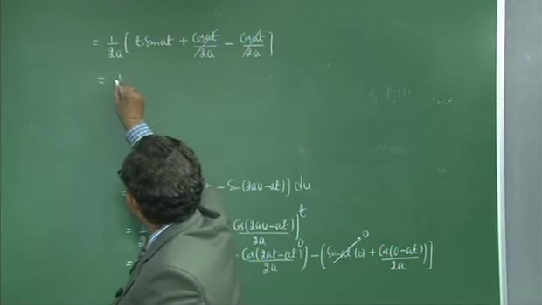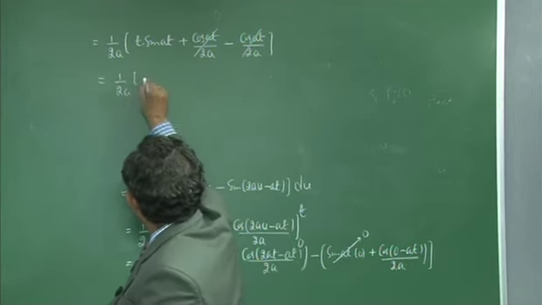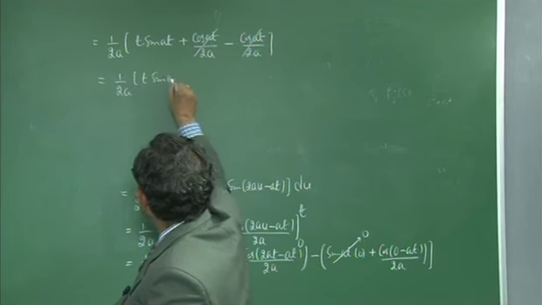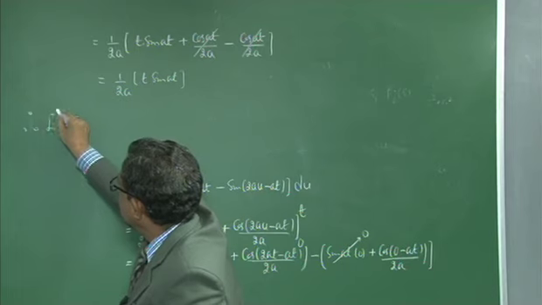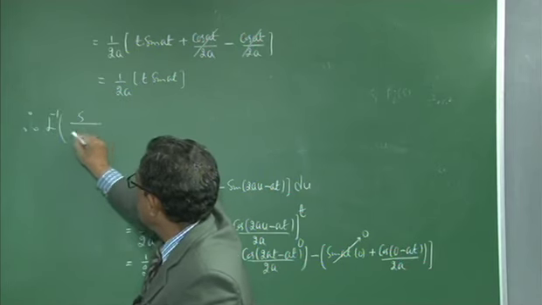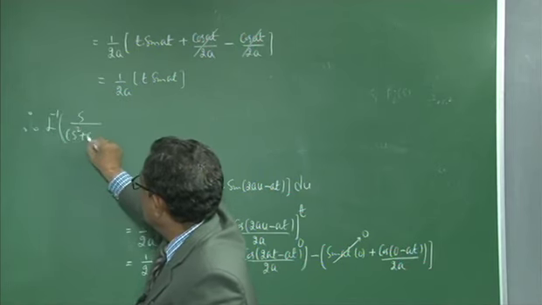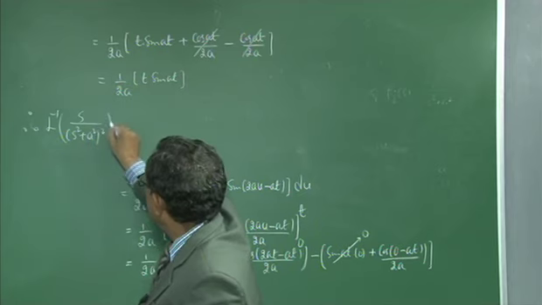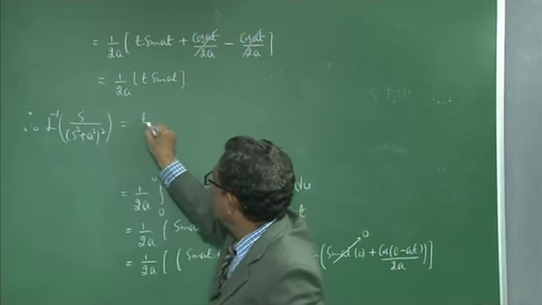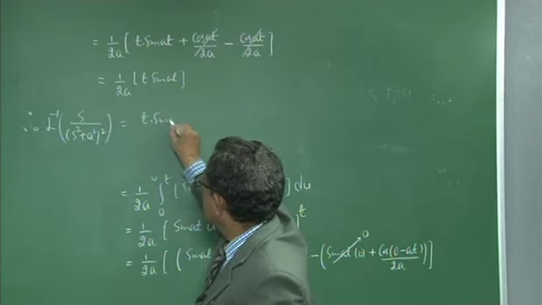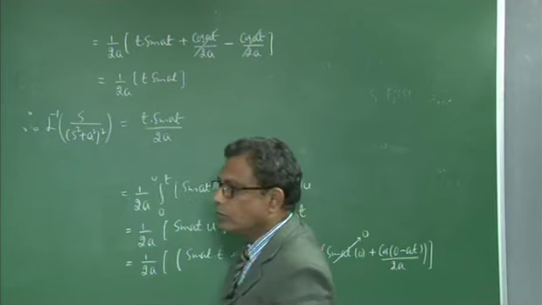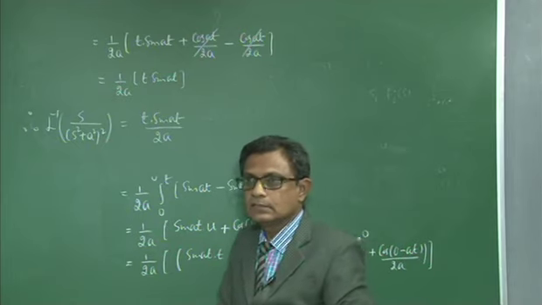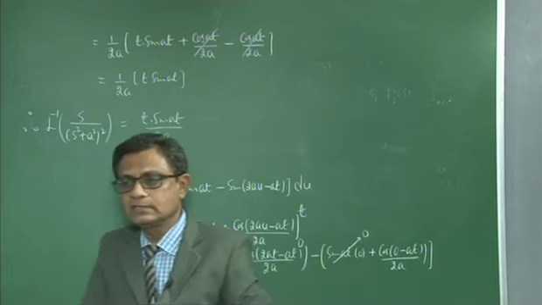Now, it is 1 by 2a t sin at. Therefore, L inverse of s divided by s square plus a square whole square is equal to t sin at by 2a. Like this, you have to do the example.